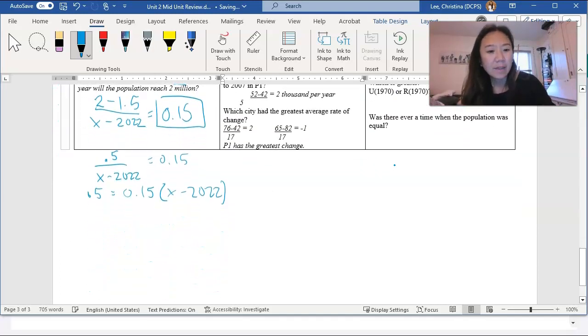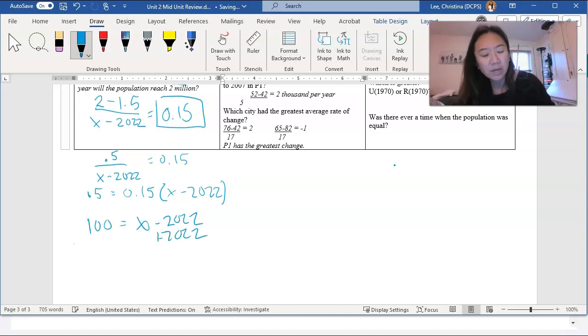All right, and then I can go ahead and divide by this. So 0.5 divided by 0.15 gives us roughly 3.33. Add 2022 to both sides.